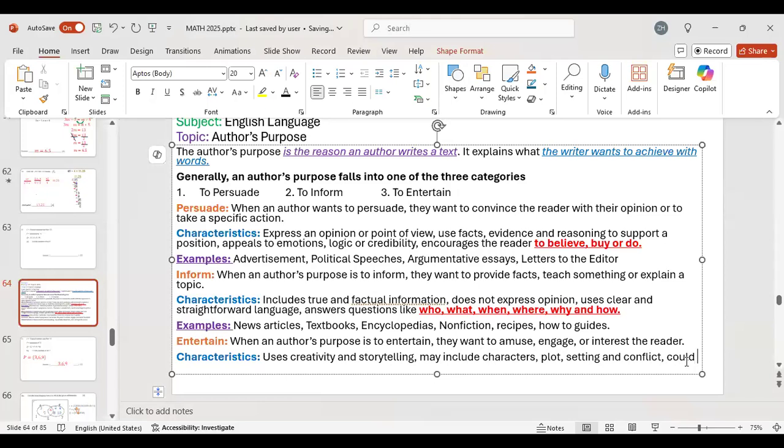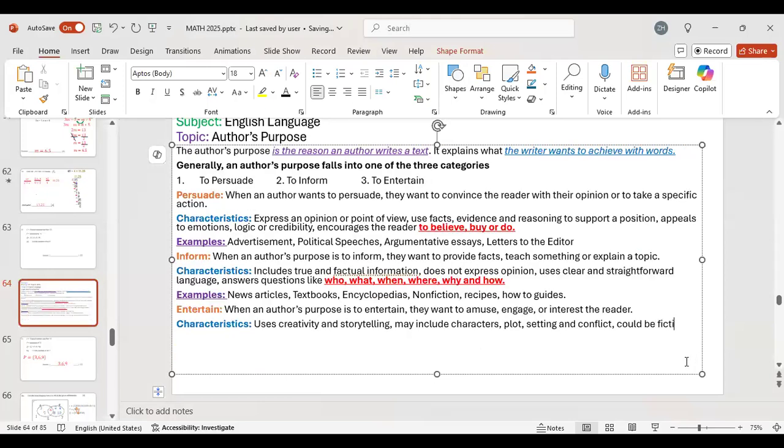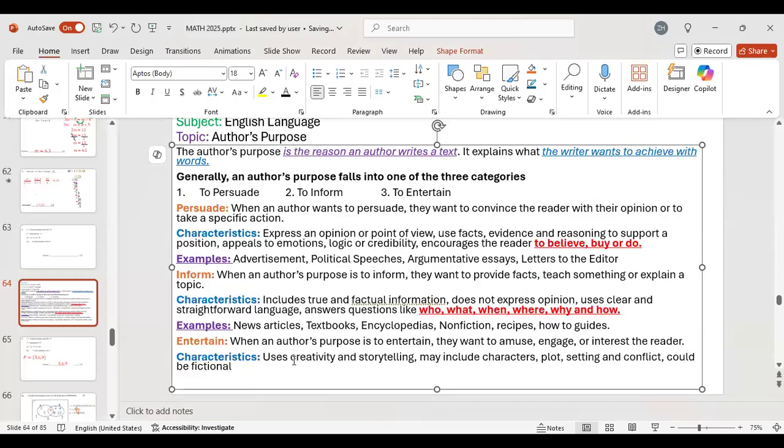It could be fictional or real. Could be fictional or based on a true story, on real events. And it appeals to emotions, right? You'd be like, that was a good movie. Why? Because you laughed, you cried, you sang, you danced, you was all into it, right?